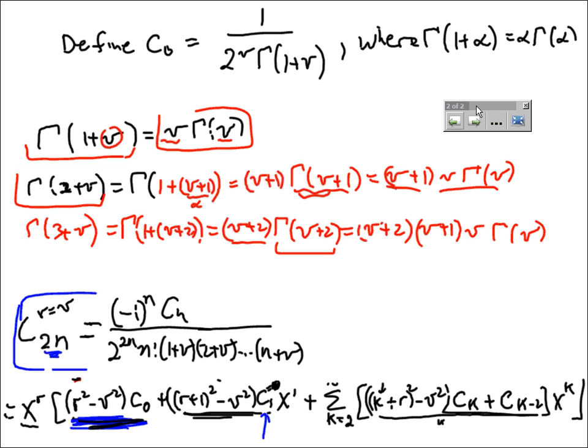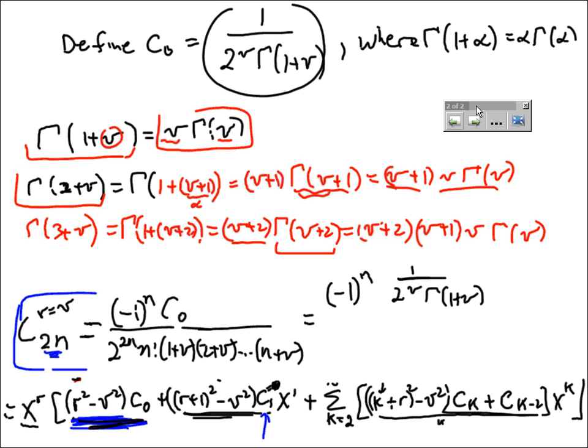So I said that this should be c sub 0. Okay, so what I have is negative 1 to the n times 1 over 2 to the v gamma of 1 plus v, all over 2 times 2 to the n times n factorial times this stuff.